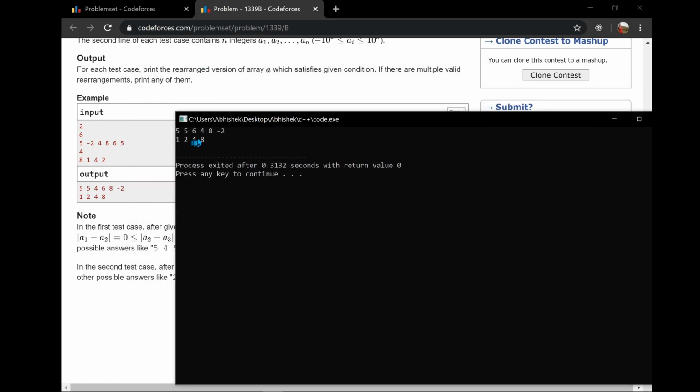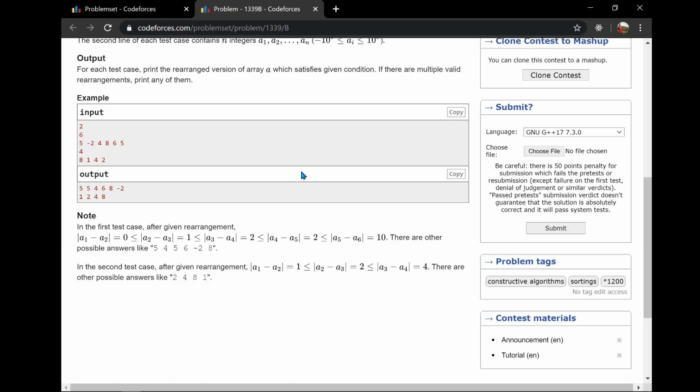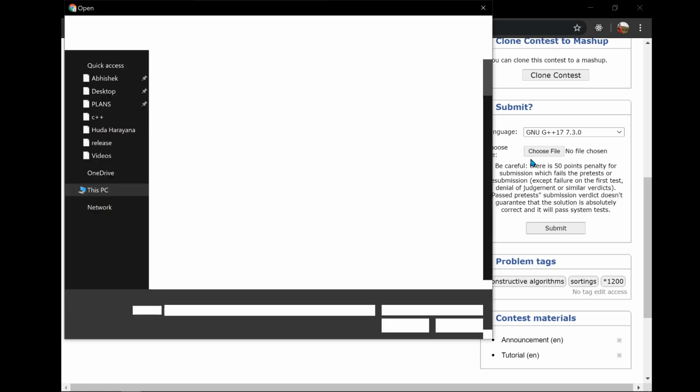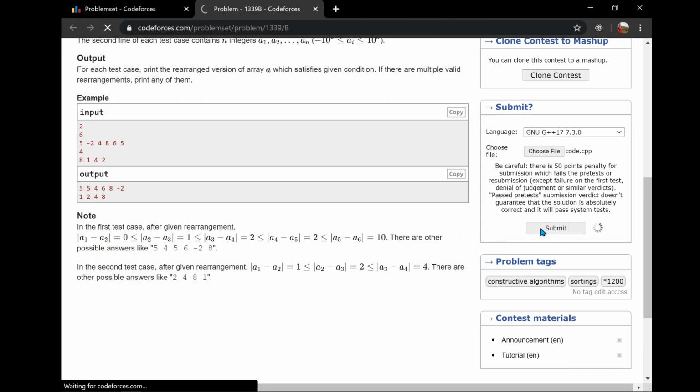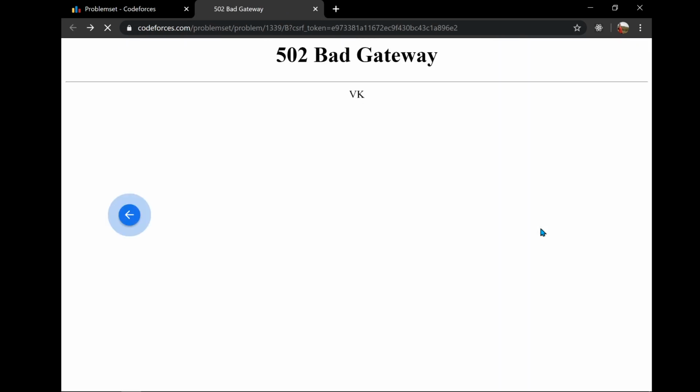And I think the output is, this one does not make a difference. I think the difference is 2, difference is 1, difference is 4. This is really big. So now I think we should try to submit this. Hopefully this should be accepted. Okay, there is some bad gateway problem.